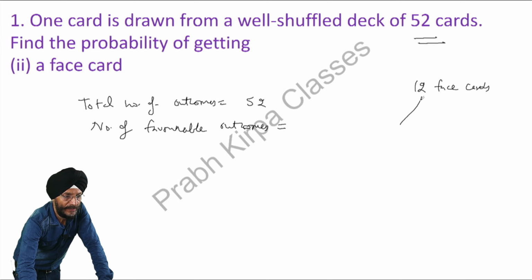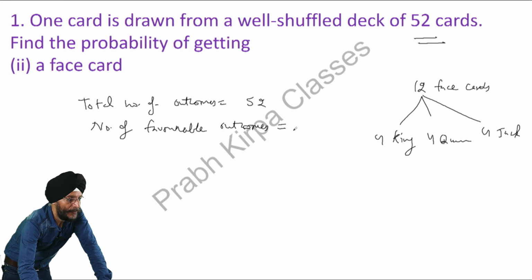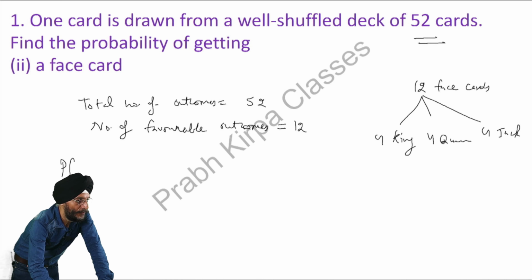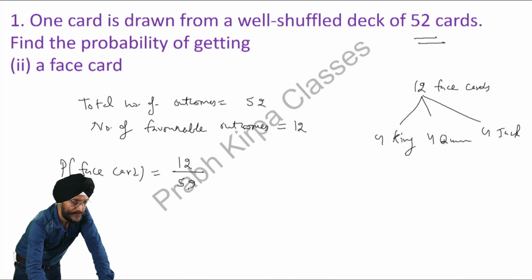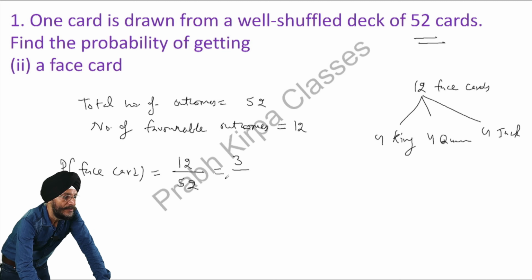How? We had learnt that 4 are king, 4 are queen, and 4 are jack cards. So number of favorable outcomes is 12 and the probability of getting a face card is 12 over 52. We will divide both by 4.